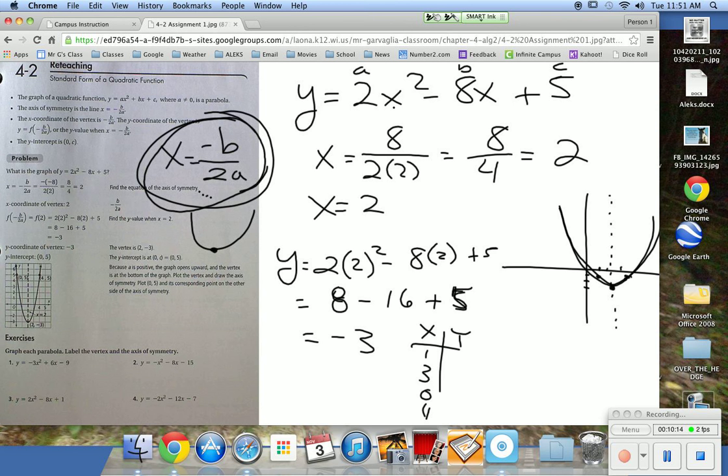Axis of symmetry. That's where it spins around, on that axis of symmetry. If you think of it that way, it's spinning around that axis, like that ball. And if you plug that back into the equation, what's it going to give me? My vertex. It's going to be my x, y value. It's going to give me this point right down here, Preston, when I plug that back in.